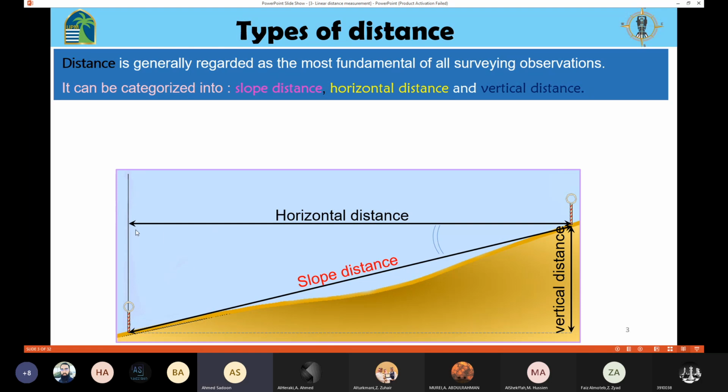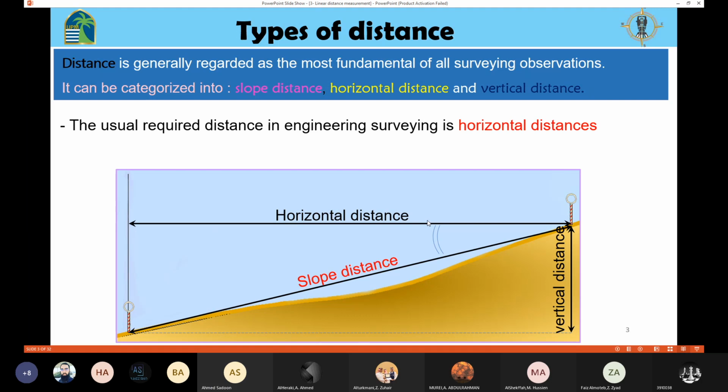If the level of point A is the same as the level of point B, then the slope distance is going to be the same as the horizontal distance. In surveying, the usual required distance is horizontal distance. When you get in the field, we are going to measure the horizontal distances.